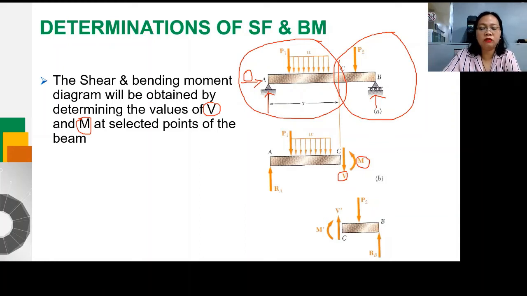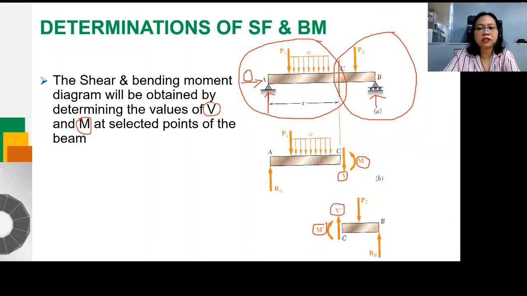Now, if we consider the right side of the beam, we have your reaction at B, RB, and then you have concentrated load P2 here, and then V prime and M prime. And this convention is our positive, right? But take note, M is equal to M prime here, and your V at the left side is equal to your V prime.